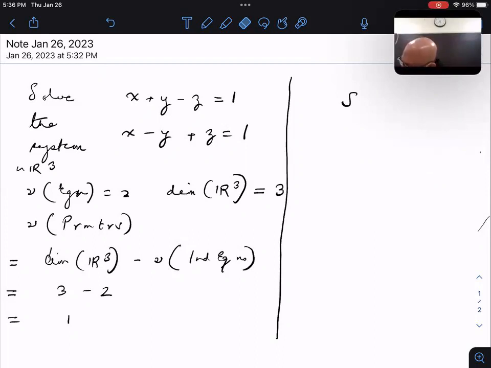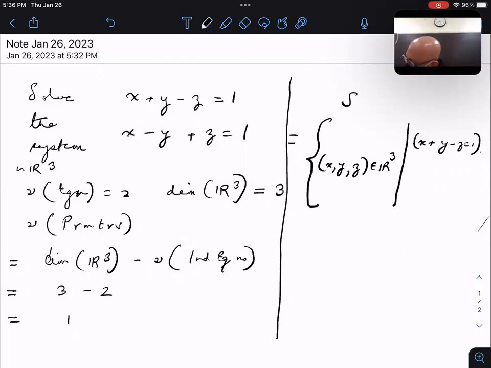Okay, S is equal to x, y, z in R3 such that x plus y minus z is equal to 1 and x minus y plus z is equal to 1. This is the set. And if I were to solve it, what would happen?